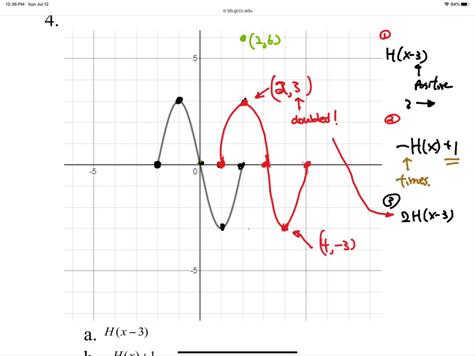The y value also gets doubled because of that. So my new point here is 4, negative 6. Okay? Now, these points here, their y values are 0. So 2 times 0 is still 0. So they don't move. So my new graph will look like this.